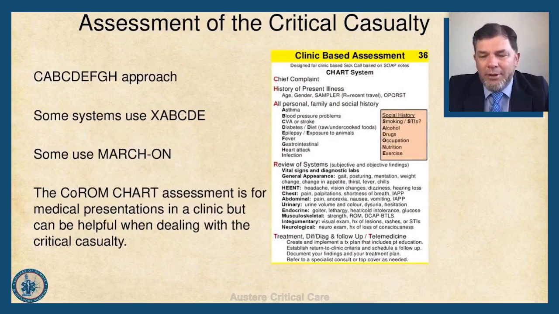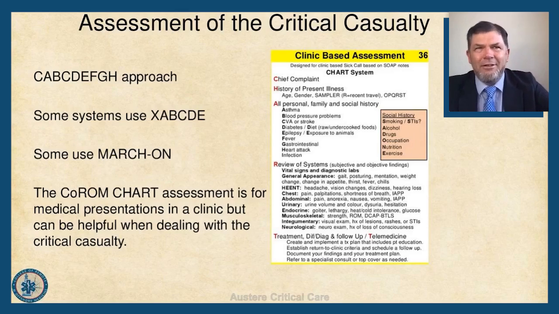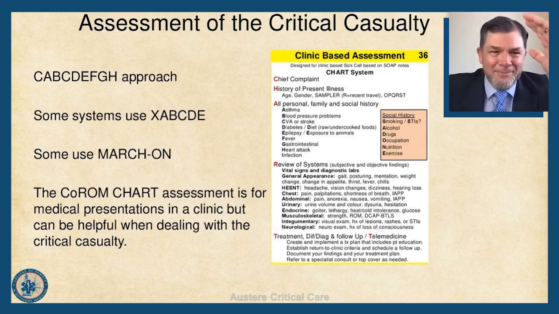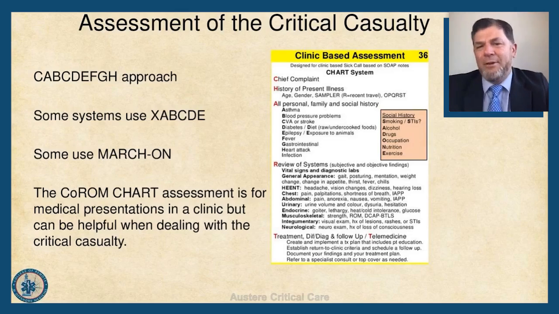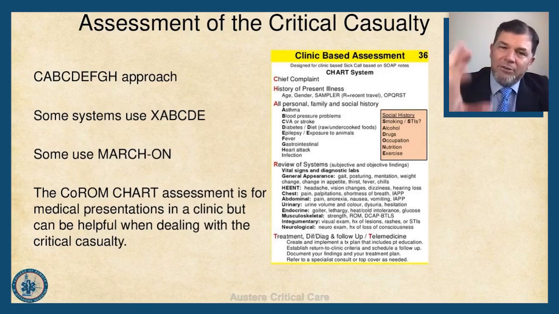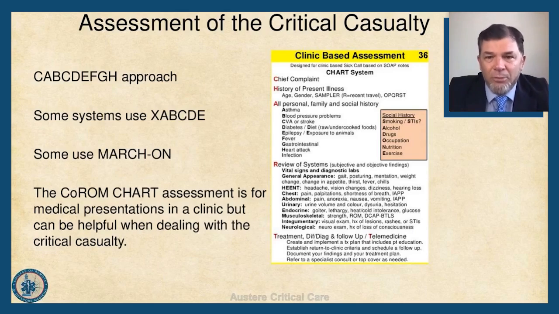The overall assessment of a critical casualty for us, we're going to use our CABC. Some people have XABC. X is lots of bleeding out, exsanguinating bleeding. Some people use MARCH, so massive hemorrhage, airway, respiratory, circulation. So we're using CABC. So CABC with our clinic-based assessment is our assessment of a critical casualty.